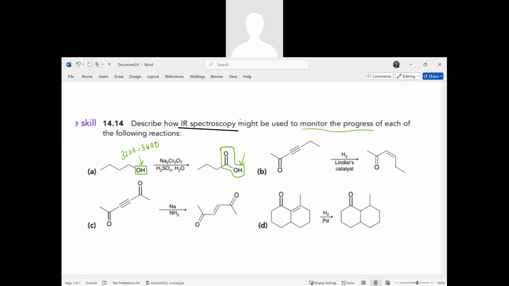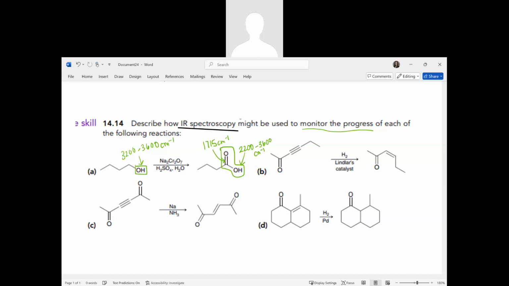Again, we expect that OH stretch, but now in a broader range, anywhere from 2200 up to that 3600 range. We also have another signal, the one for the CO stretch of this carbonyl, and we expect that for a carboxylic acid around 1715.